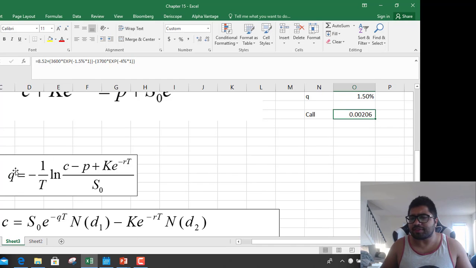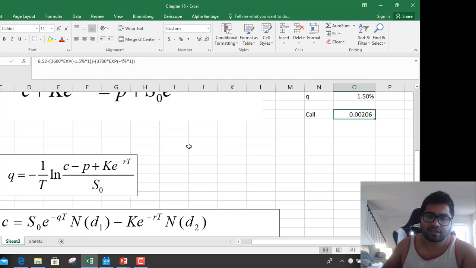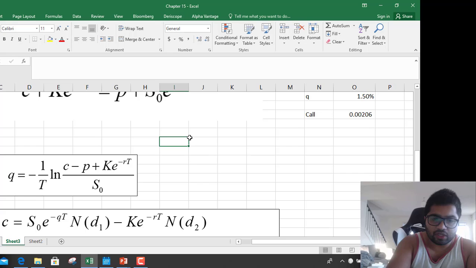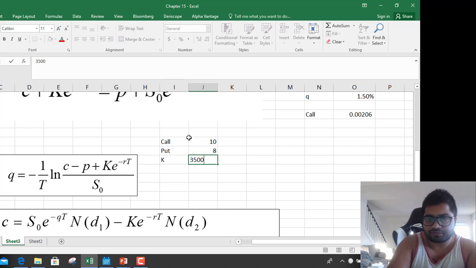Now, sometimes they may ask you to find the dividend yield that is assumed because of calls and put prices. So let us say call price is given to you. Call price is 10. Put price is known to you. Put price is 8. K is exercise price. So that is 3,500.